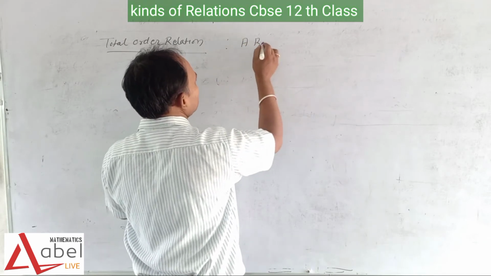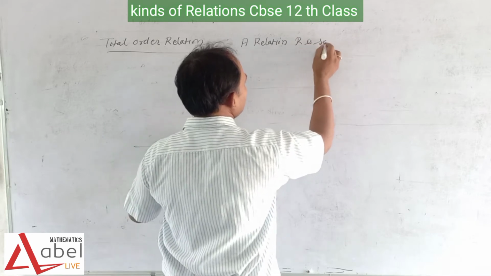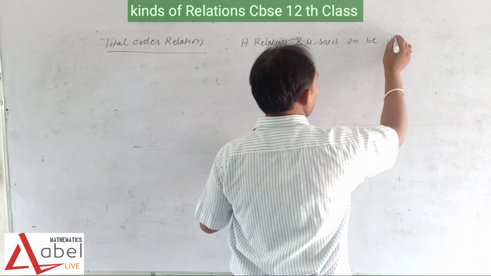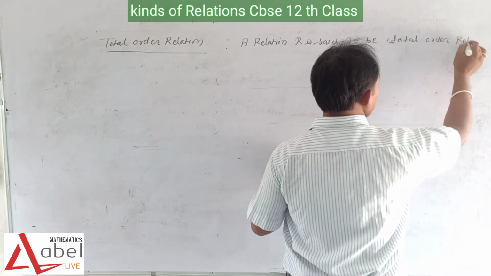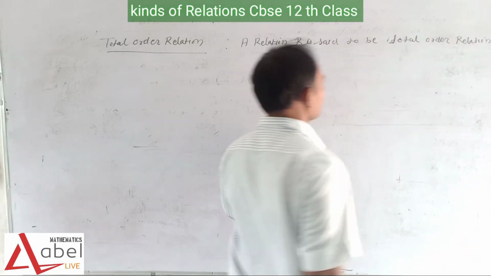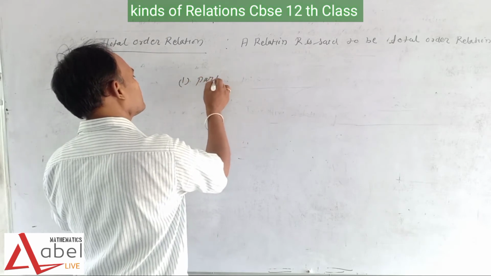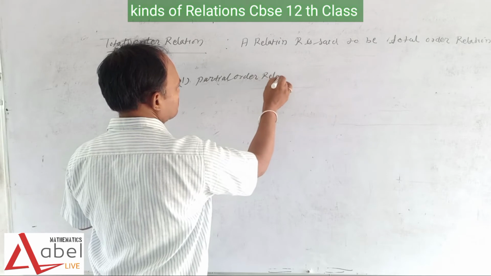A relation R is said to be a total order relation if and only if, number 1, it is a partial order relation.